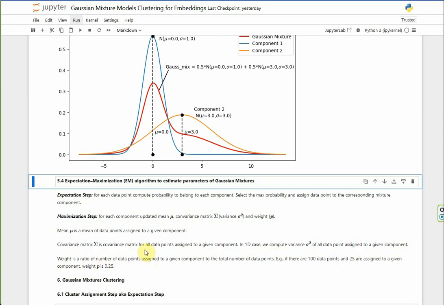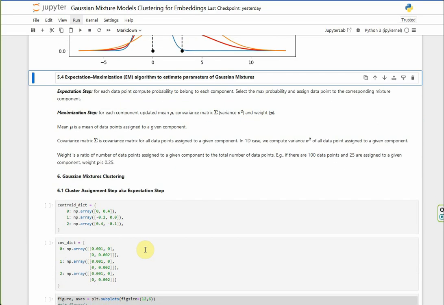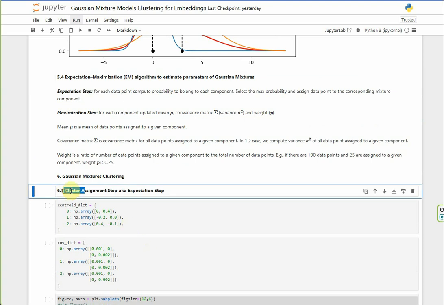The EM algorithm resembles the steps of the k-means clustering algorithm, which we have learned in the previous video. The first step for clustering was the cluster assignment step, and we can see that the expectation step of the EM algorithm is exactly a cluster assignment. We use the probability of belonging to a particular component as a measure of similarity between the data point and the Gaussian distribution.